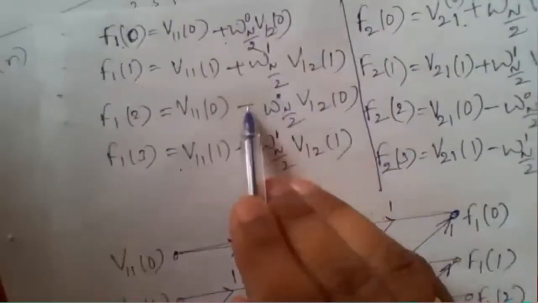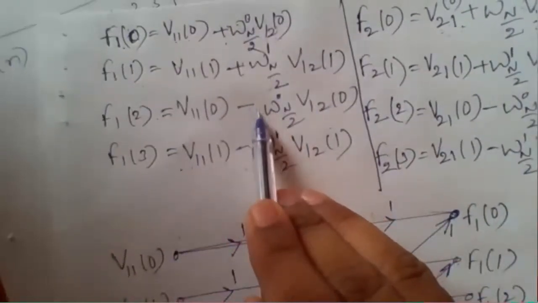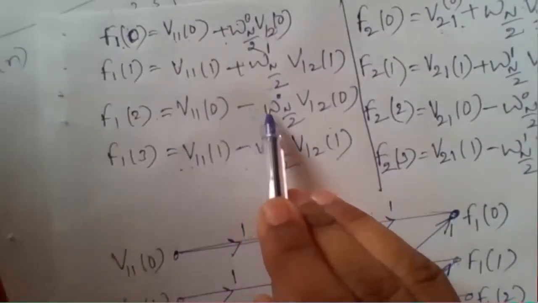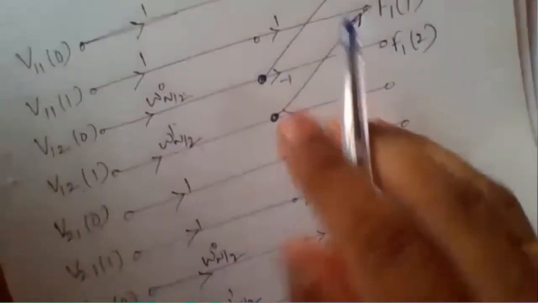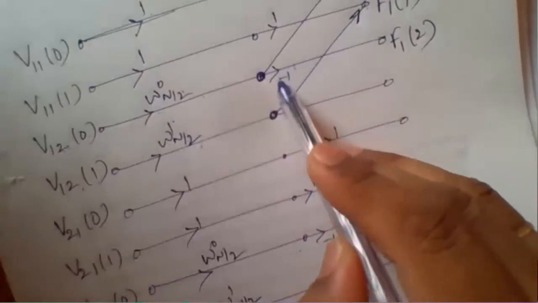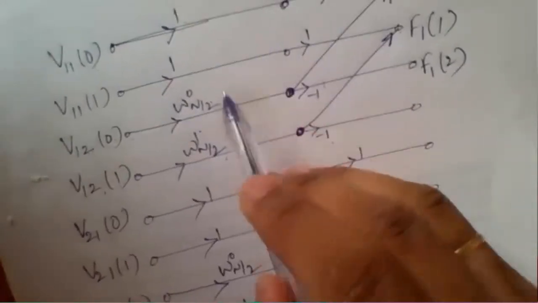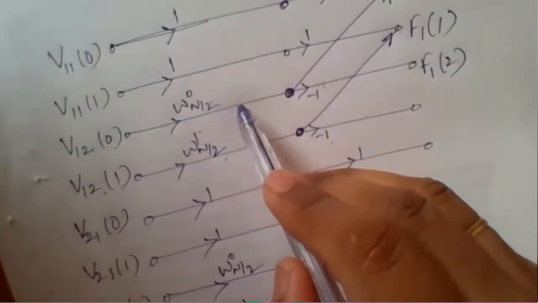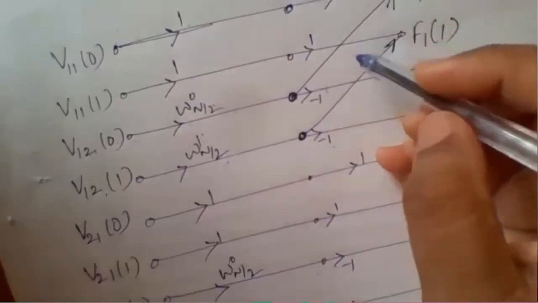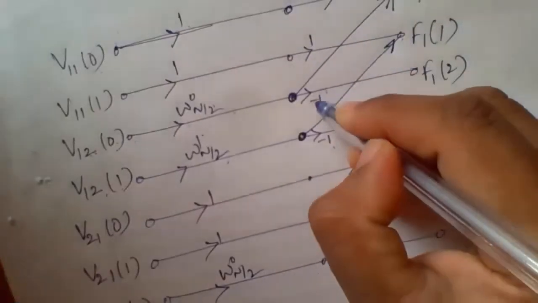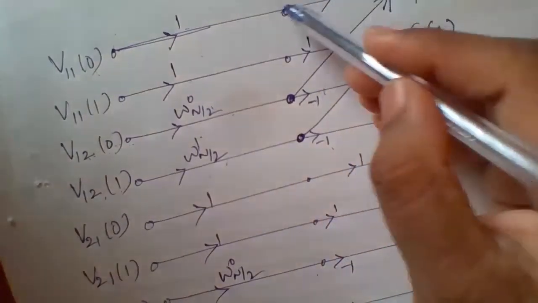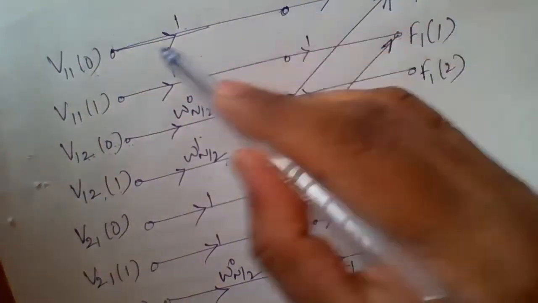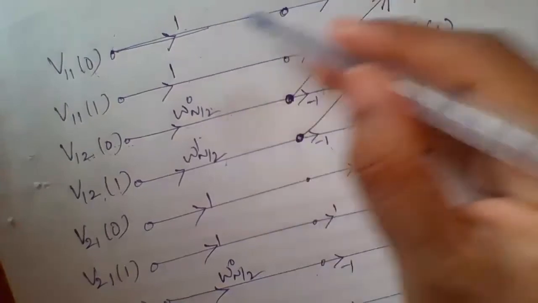Now this is nothing but minus 1 into w raised to 0 into v12 of 0. This minus 1 is already here. So I will have to just connect the line from the first signal, that's all.